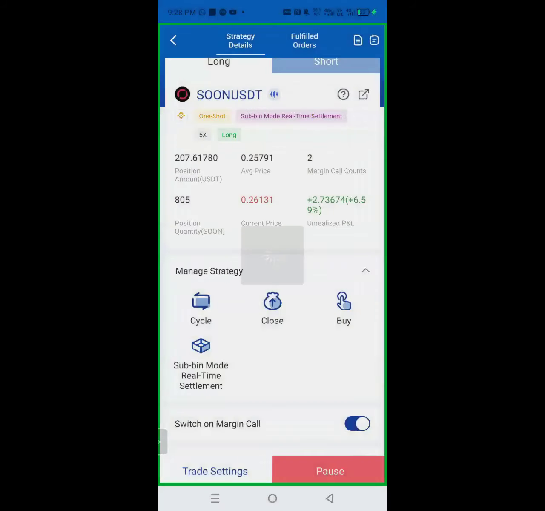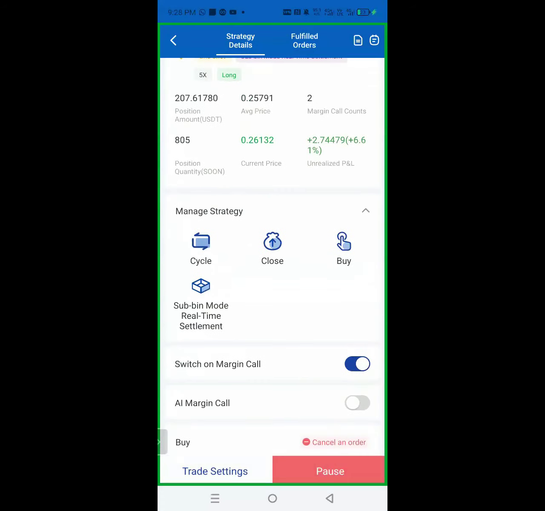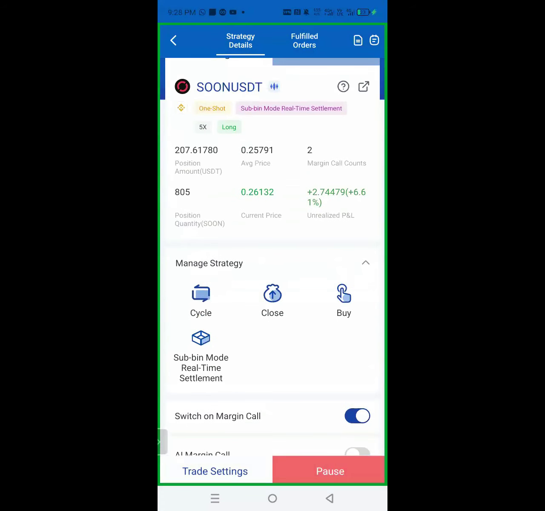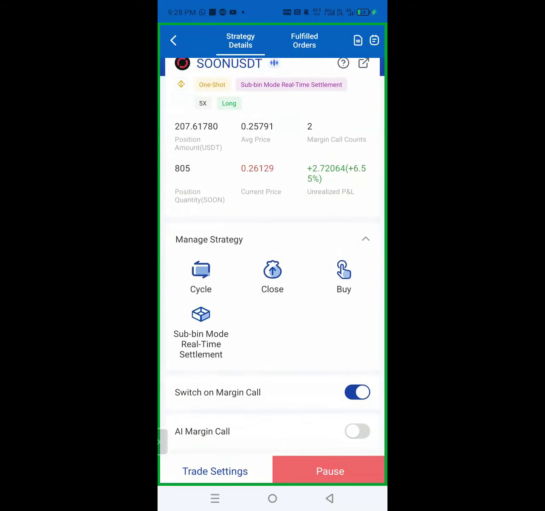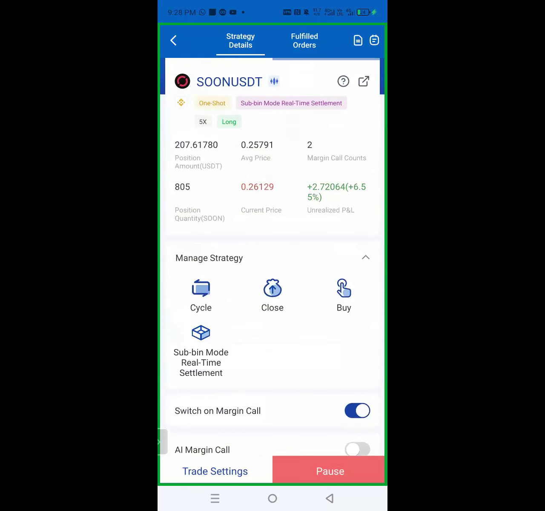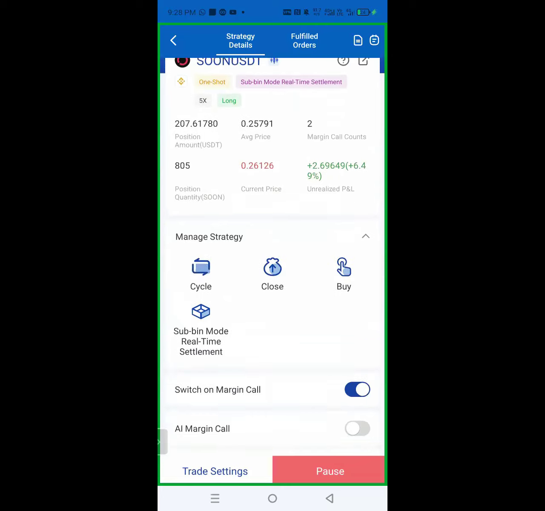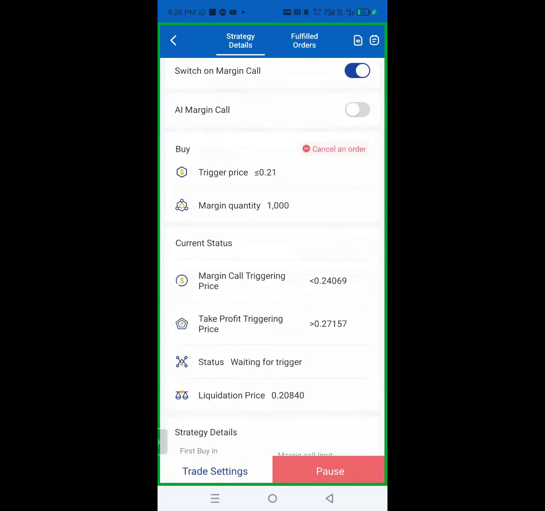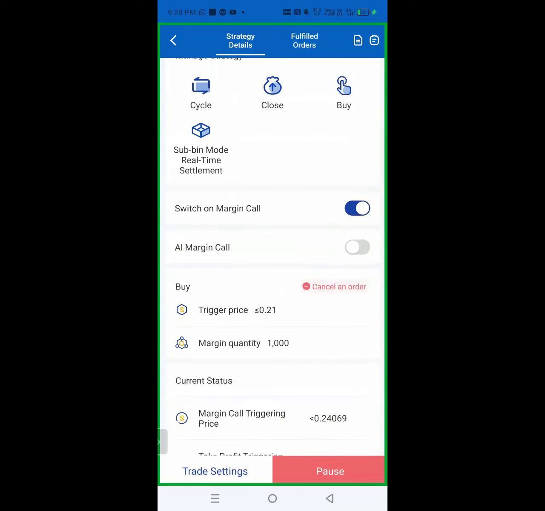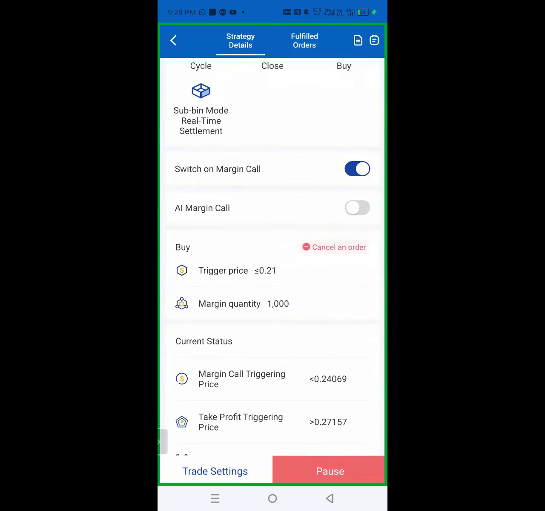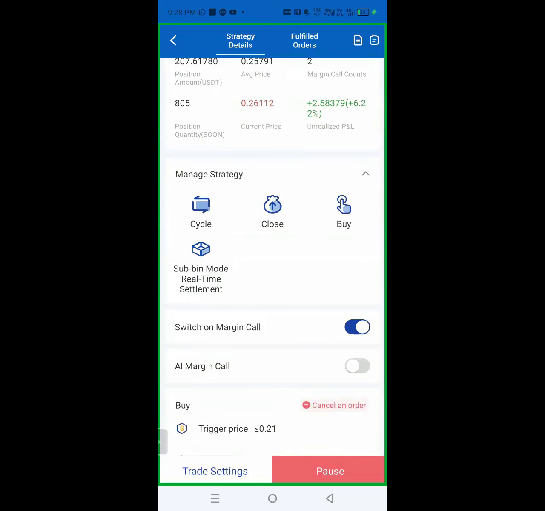So you see, with this now I can go to sleep. Nothing is happening. Even if Iran blows a bomb when I'm sleeping, and this coin starts dropping from this +6 now to -70 or -75, from the current price of 0.26126, before it gets down to my liquidation price of 0.208, it must have encountered my 0.21, and it will do more than 100% manual replenishment.